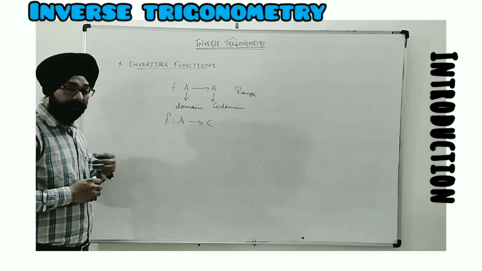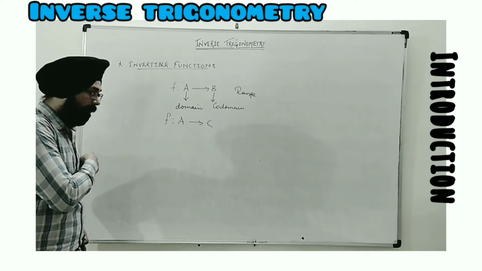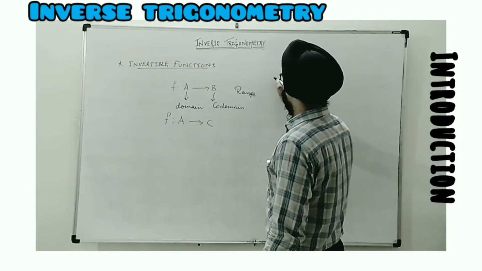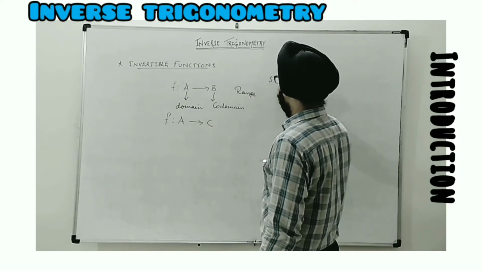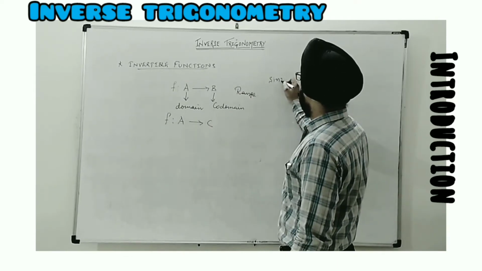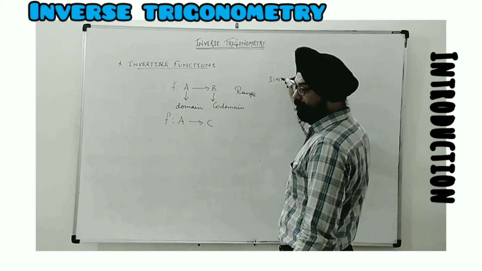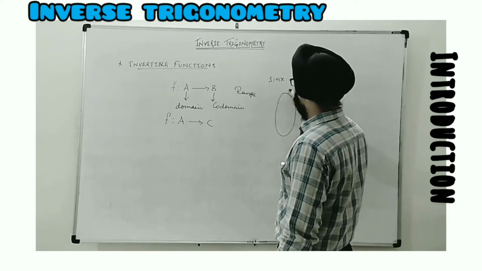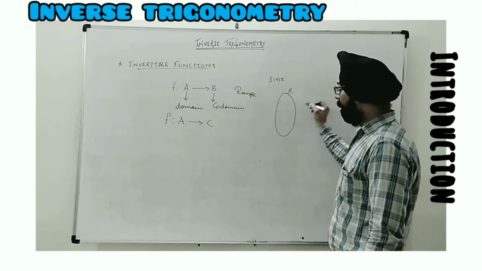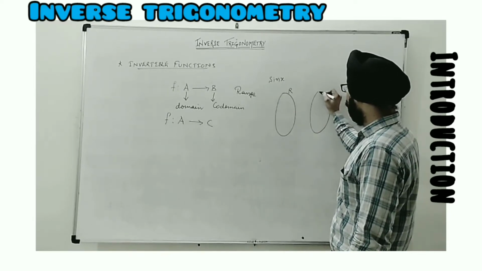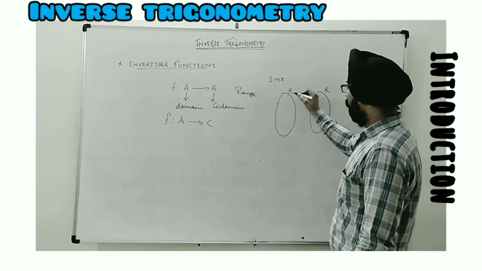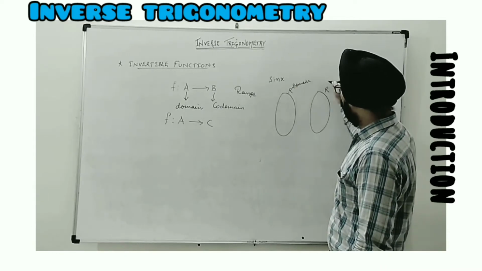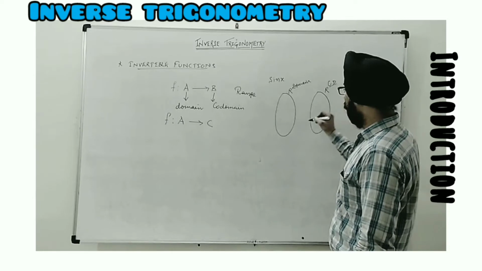Taking the help of trigonometry to explain, I consider sin x as a function. I hope you understand this. I am going to draw the arrow diagram. I consider the domain as the real number set and the codomain also as the real number set.